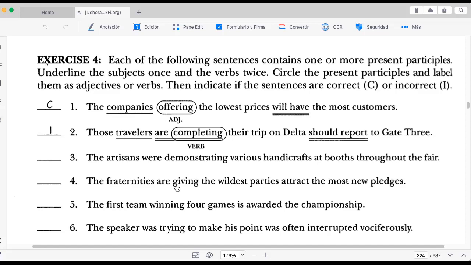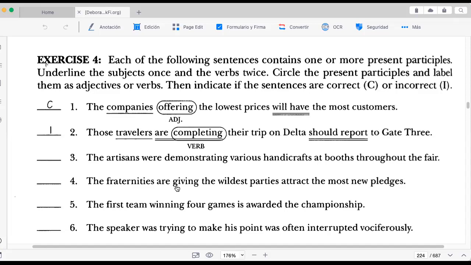Incorrect. Tell me why. Because I don't think that we have an adjective. An adjective. Yeah, we don't have an adjective. That's right. Very good. Now we move on to the next sentence.